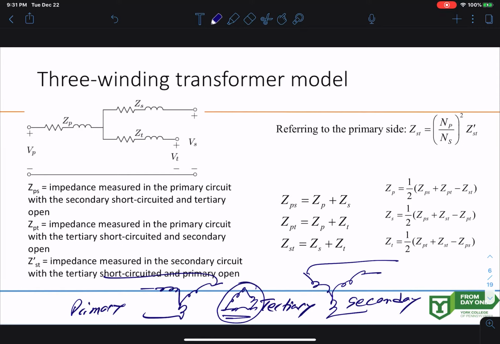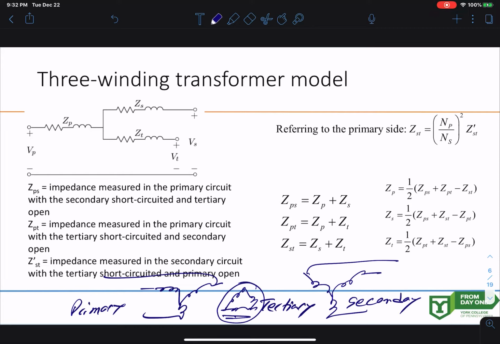The second reason is that when there is a fault, you need a path for zero sequence current. We only know positive and negative sequence, but there's another sequence called zero sequence. So you need a path for zero sequence current, and the delta transformer will provide you that path. For this reason, sometimes we use a third winding, the tertiary, in the transformer.